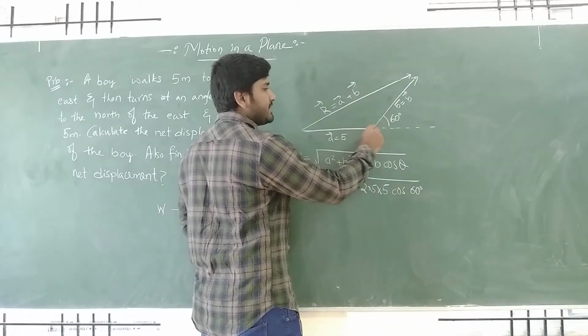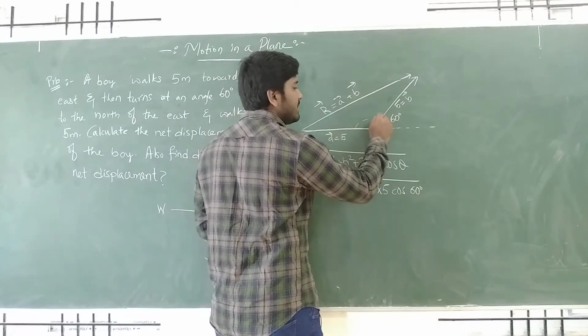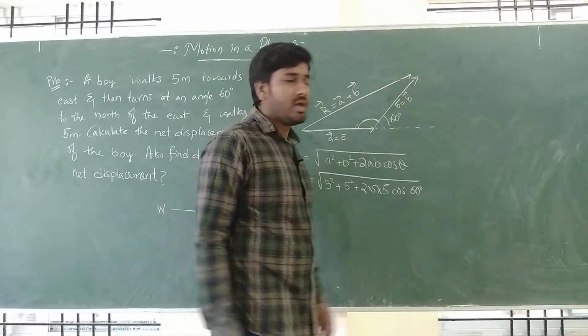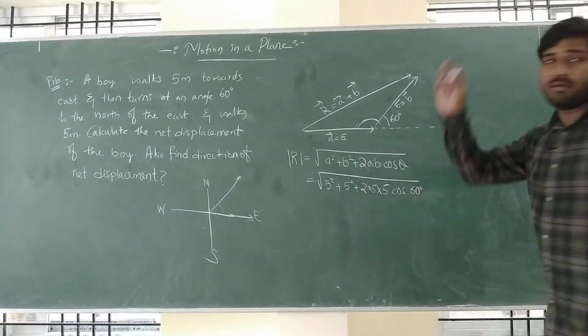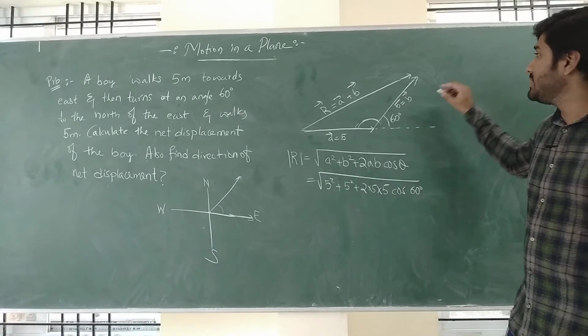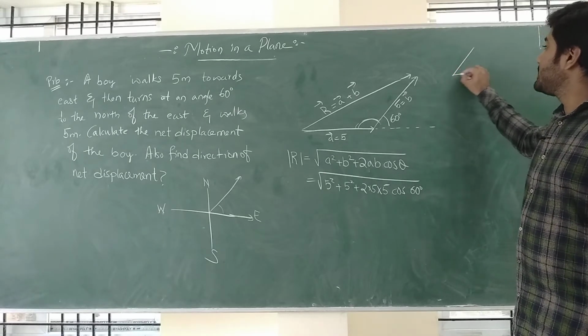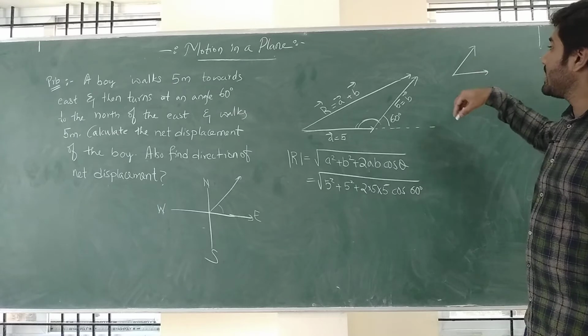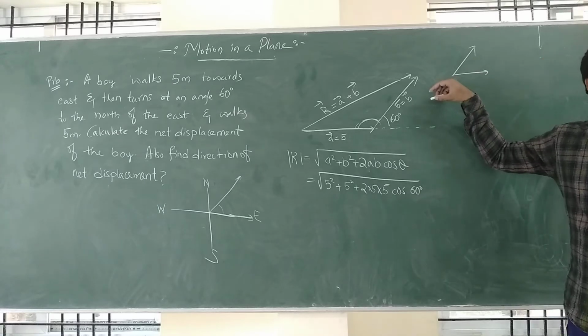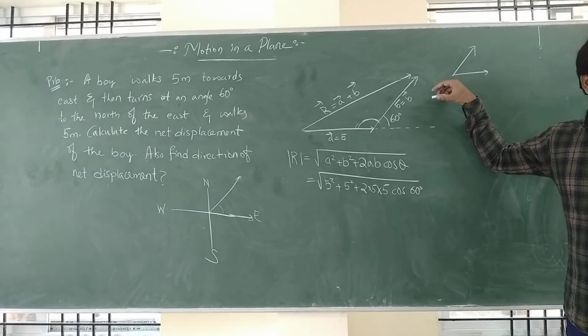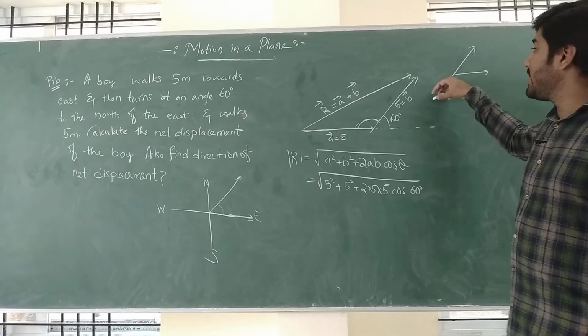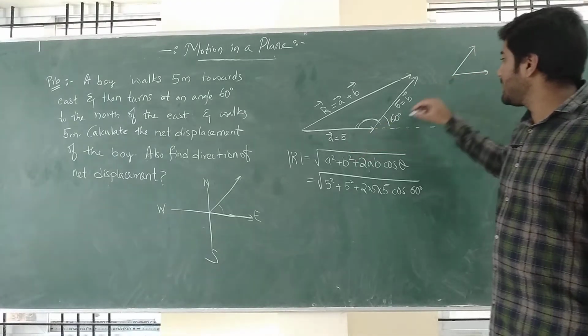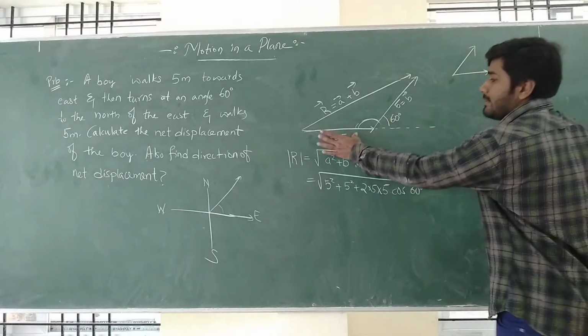You may ask, why have we not taken the angle here? One vector A is like this, B vector here, so this would be the angle, you may ask. No, I have said already in previous classes, if you go and watch the video, whenever you are calculating the angle between two vectors, it should be joined head to head or tail to tail.